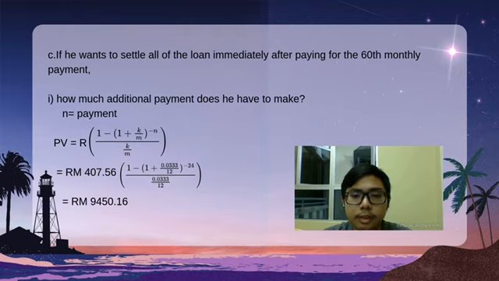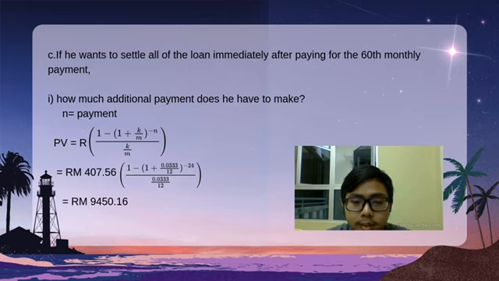Now for question D, it says he had not paid the first 3 monthly payments, so how much should he pay on the 4th one to settle all the outstanding arrears? To solve this, we use the future value formula, where R will be the same, 407 ringgit and 56 cents.